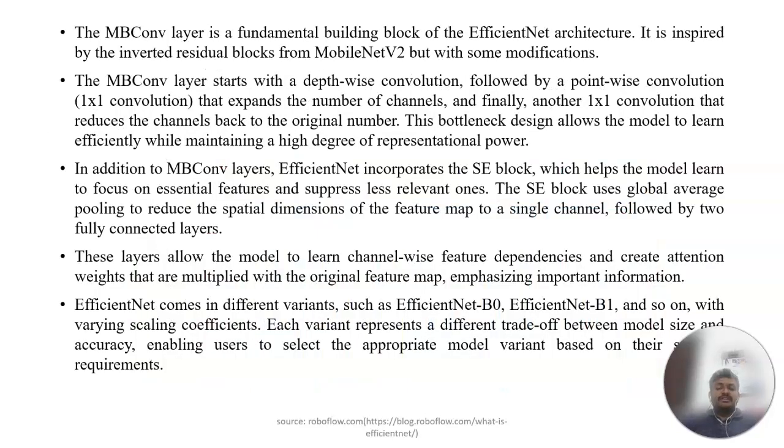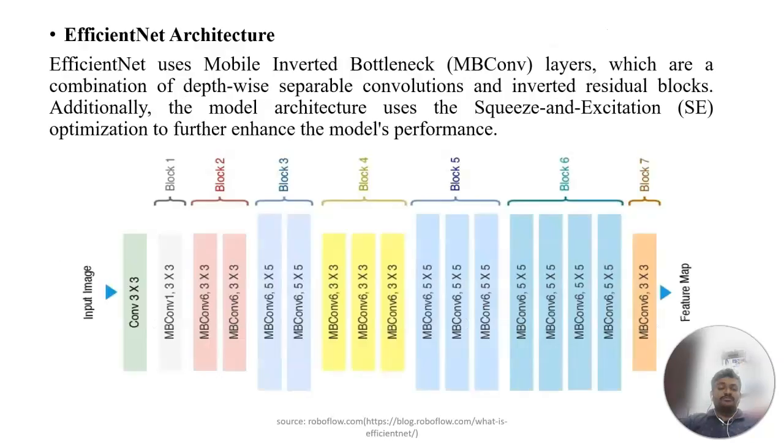Here I am explaining everything. The MB convolution layer is a fundamental building block of EfficientNet. We can see that in each block the MB convolution layer is a common layer, so you can call it the fundamental building block of the EfficientNet architecture.